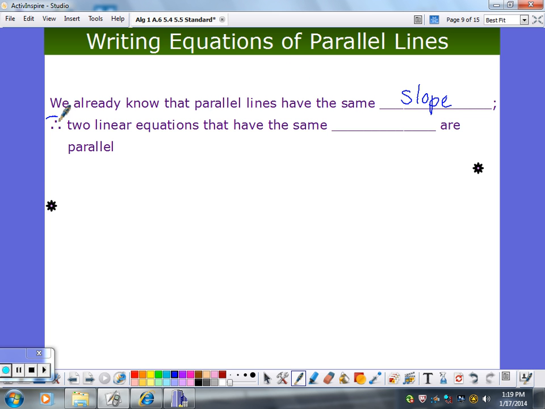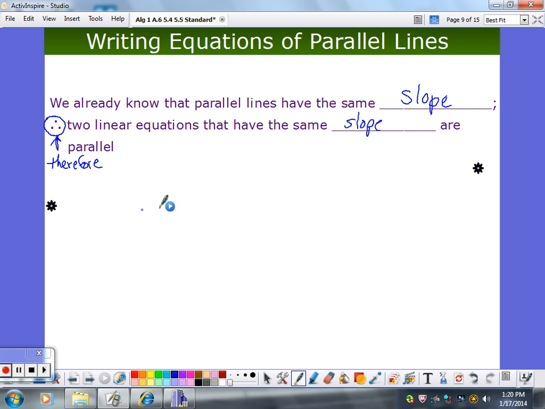Now this little thing here, these three little dots, that's math shorthand for the word therefore. It's not in yours, but it's in mine, so just in case you see it again, if you don't feel like writing therefore, you can use these three little dots. So we already know that parallel lines have the same slope. Therefore, two linear equations that have the same something are parallel. Slope.